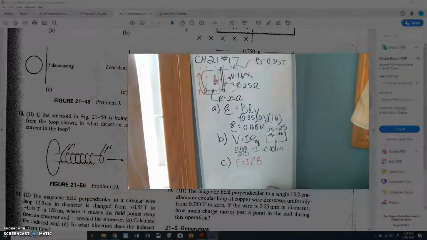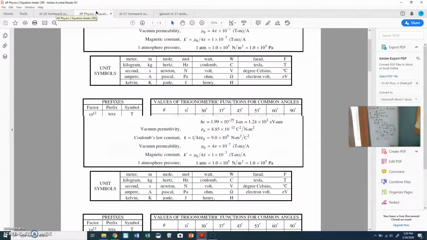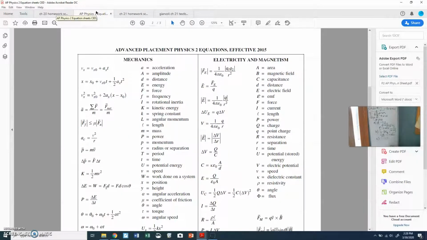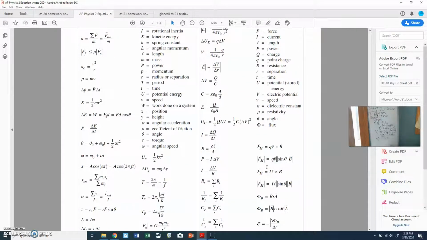I'm going to go to the AP2 equation sheet and go down. Where are those EMF equations? Down here, magnetic force. I've got it right here.